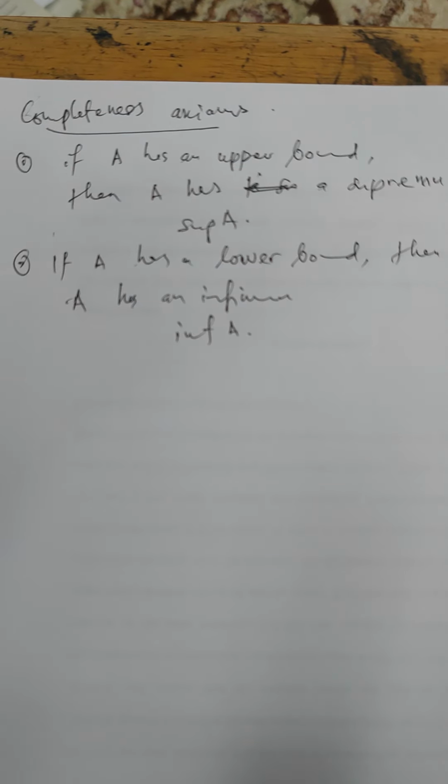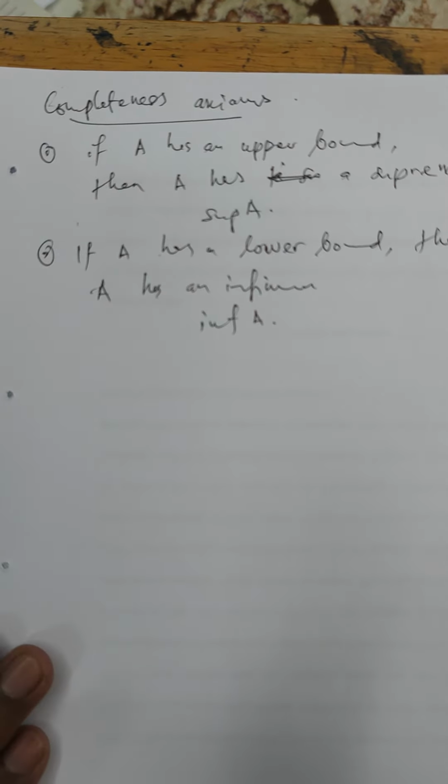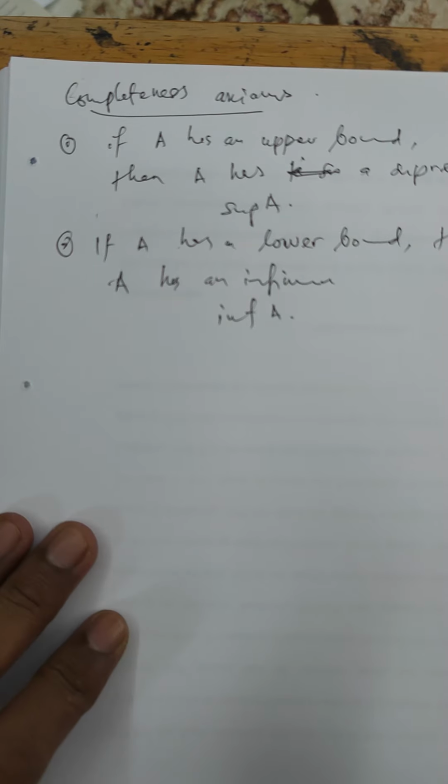Now, with those upper bound and lower bound, we have least upper bound, and we have greatest lower bound. So differentiate those things: least upper bound and greatest lower bound. So now let's see a few examples to describe those supremum and infimum.